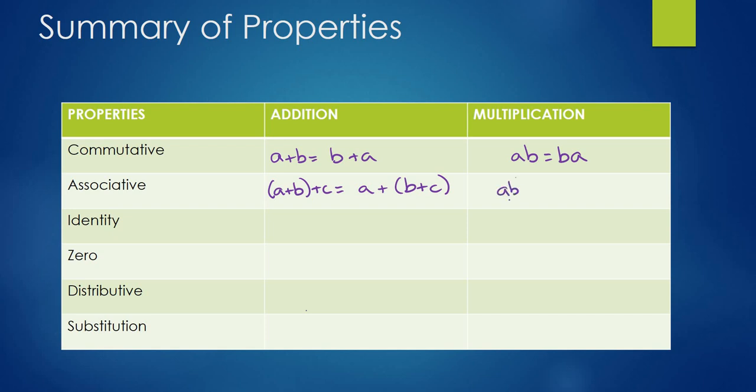For multiplication, multiplying AB first and then times C is the same as multiplying BC first and then times A.